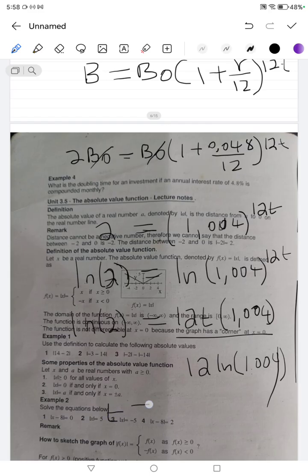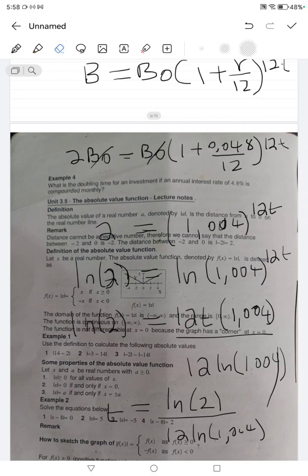Then your t would be equal to ln of 2 divided by 12 ln of 1.004. Then it gives you how much?